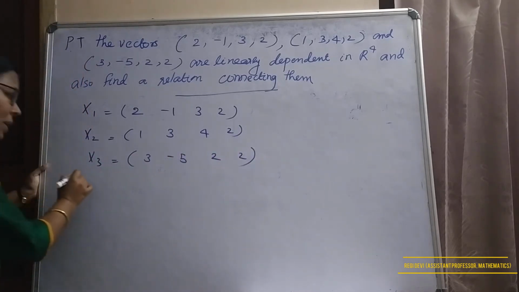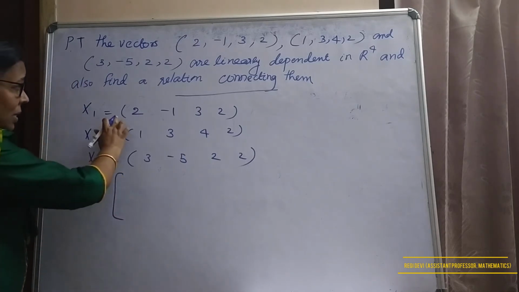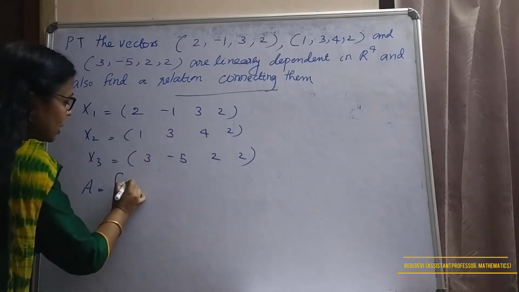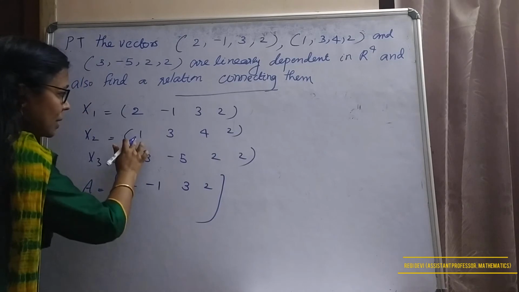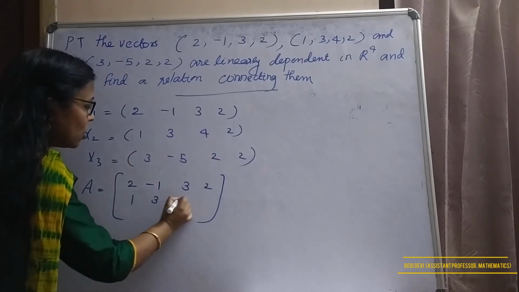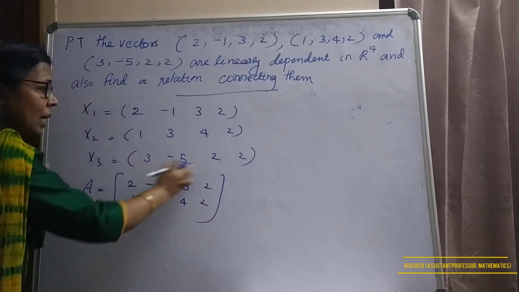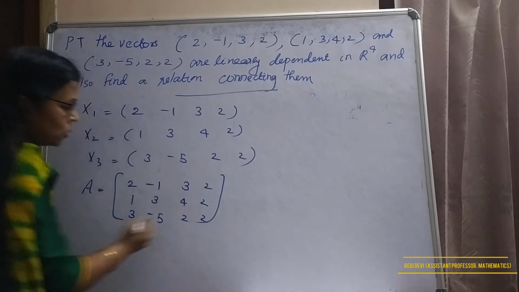Then form it as a matrix form. That is matrix A equal to, write first vector as first row, that is 2, minus 1, 3, 2. Then second vector as second row, 1, 3, 4, 2. Then third vector as third row, 3, minus 5, 2, 2.